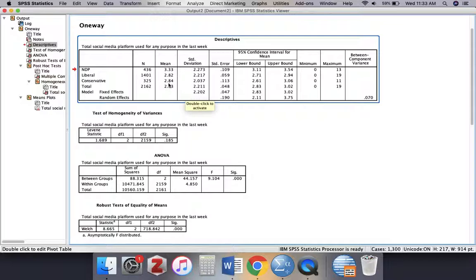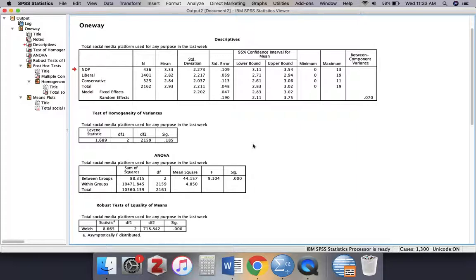So we can already see that conservatives and liberals have a similar social media use on a weekly basis, whereas the people who affiliate as more socialist or NDP have a higher social media use. Okay, but we don't know if these groups are really that different until we run the statistical analysis. But this is something that we can see preliminarily.